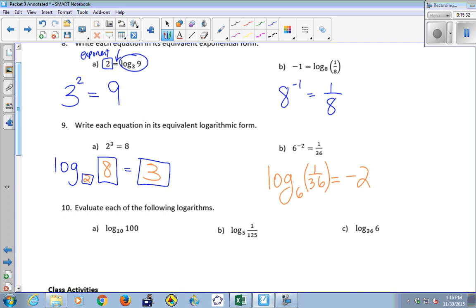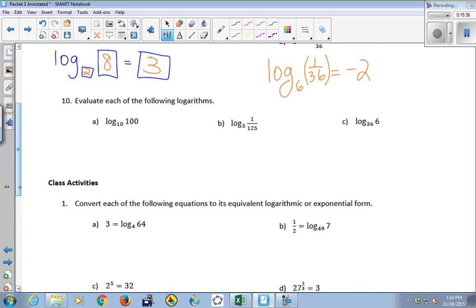Okay. So I'm going to evaluate some logarithms now. I'm going to have to translate this to an exponential question in my head because I'm not used to answering log questions. So log base 10 of 100, they're asking me, what does that equal? What goes on the other side of a logarithm? Which part of the exponential equation? The exponent, yeah.